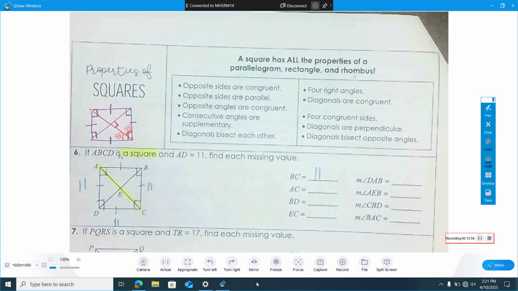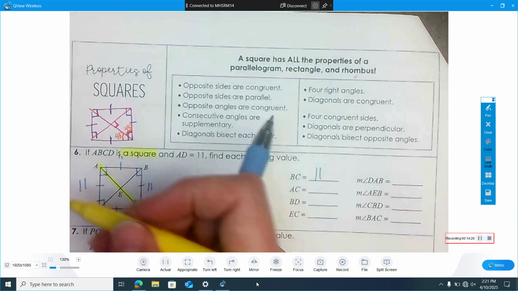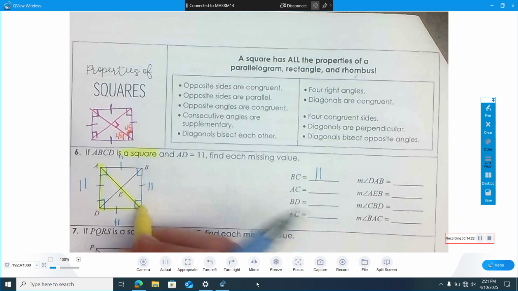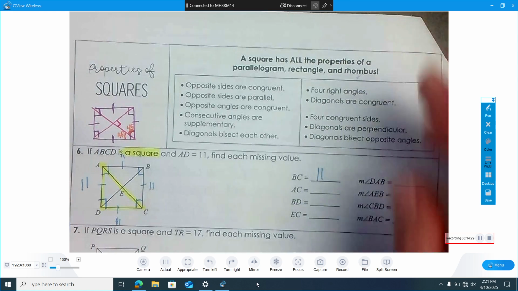AC is the diagonal. How do I find the length of the diagonal? That's true. It is the 45, 45, 90, which is the easy way to do it. But we're not going to do it the easy way. You know the hypotenuse already? You don't? Okay. It is a 45, 45, 90. Find the hypotenuse.